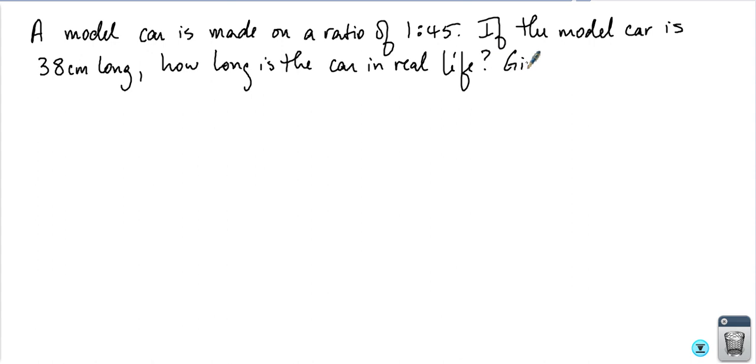Give your answer in meters. So, as you can see here, we have the ratio of the car, we have the length of the model car. We need to find the length of the car in real life, and we are also told to give the answer in meters.